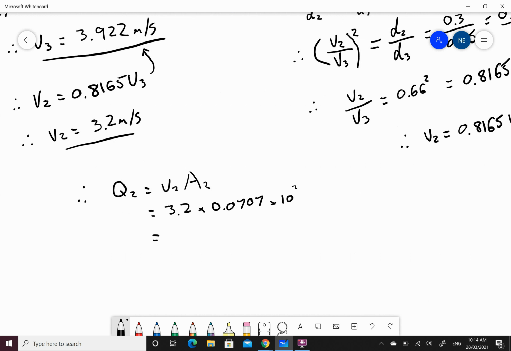Let's bring it back to liters per second. I end up with 226.24 liters per second.